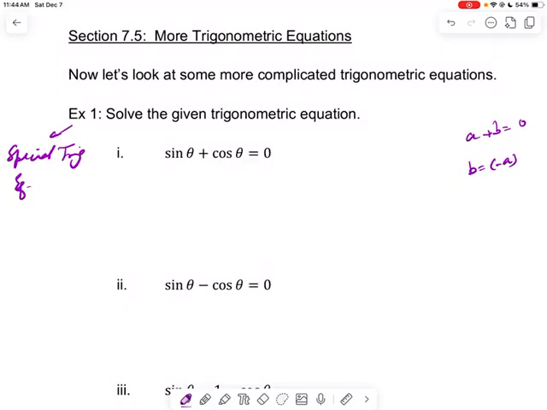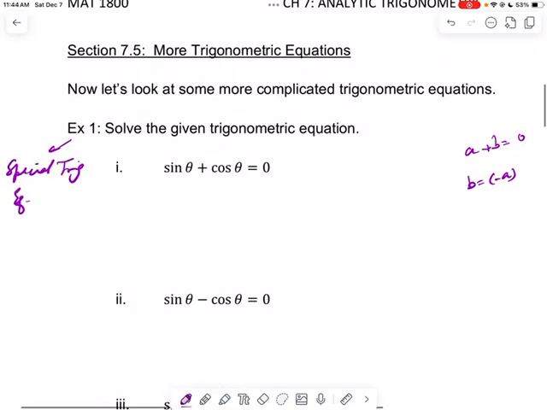When do they have equal value? At theta equal to pi over 4. So when theta is equal to pi over 4, remember sine of theta is square root of 2 over 2, and cosine of theta is also square root of 2 over 2. But we want to have them with opposite signs. So when will that happen?